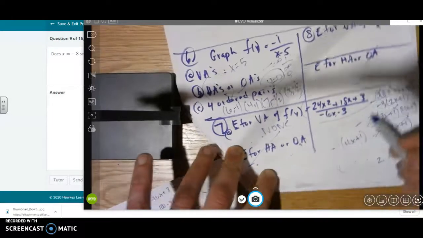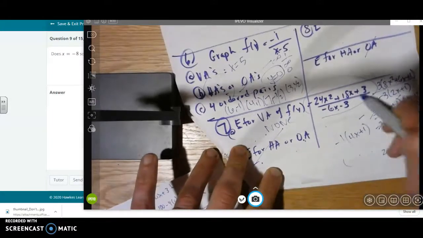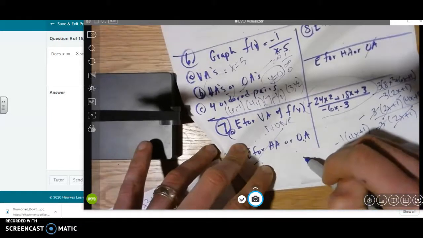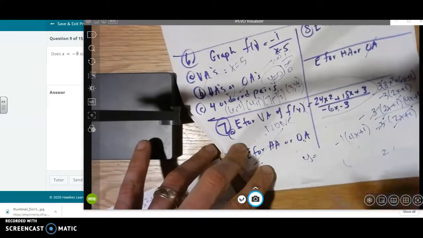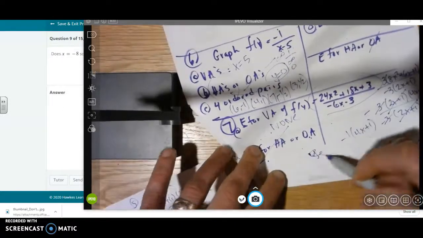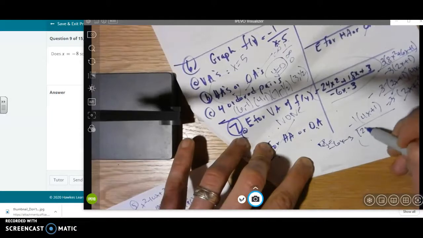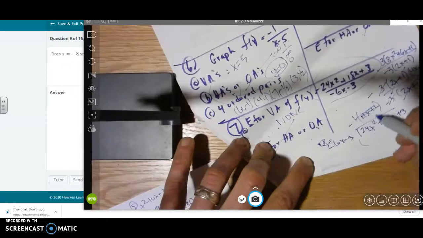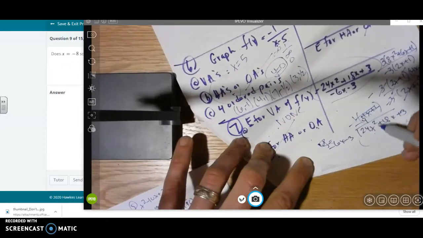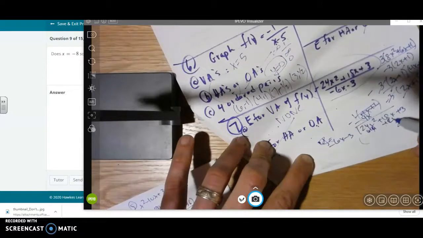And since we just divided that out, we already mathematically know it's going to be y equals -4x minus 1. But we should divide that in: -6x minus 3 into 24x squared plus 18x plus 3, and you're going to get -4x, 24x squared plus 12x, that's going to be 6x plus 3.